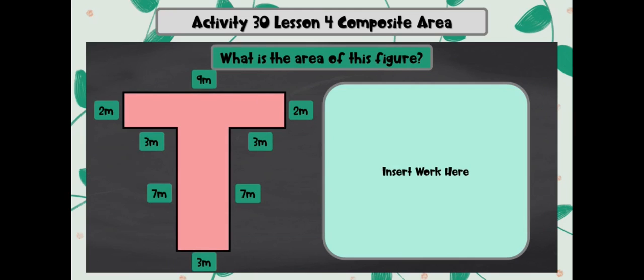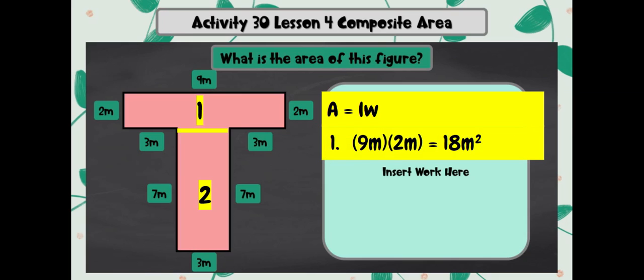Here's another example. Again, there's a couple different ways to cut this, but there's one way that if we cut it like this, then we only get two figures. We have a rectangle and another rectangle. So we're still using length times width. For number 1, we have 9 meters times 2 meters, which is 18 meters squared.